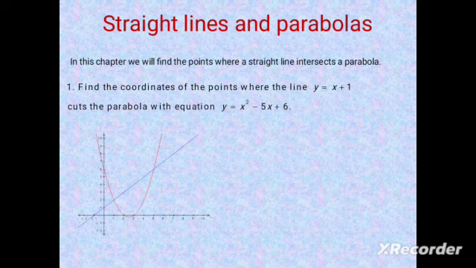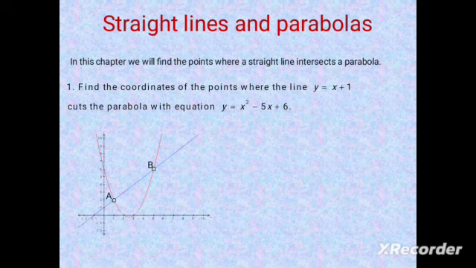So we have the graph here. So we have the points of intersection, where the line and the curve are meeting.